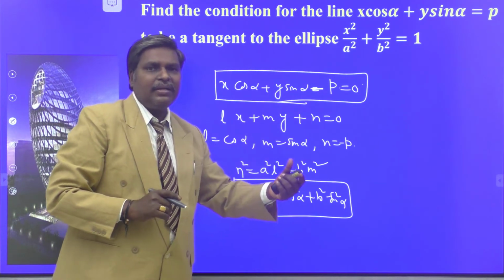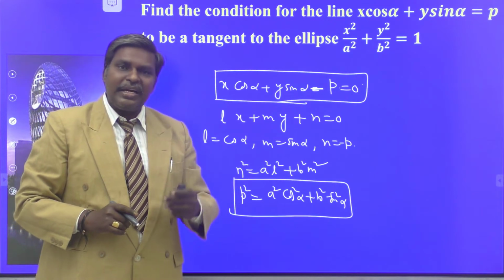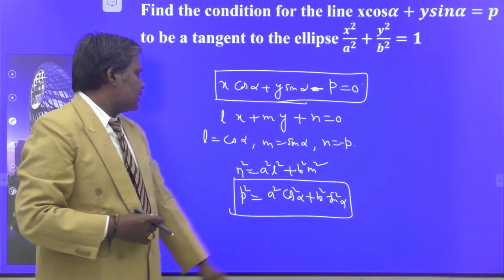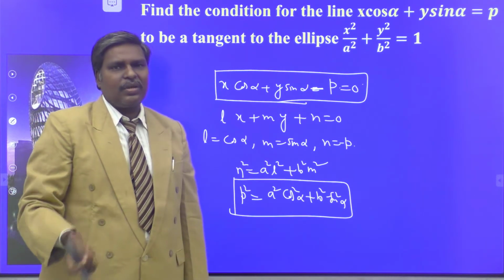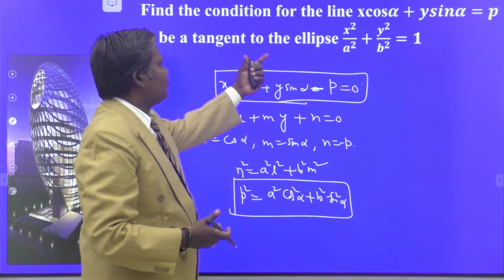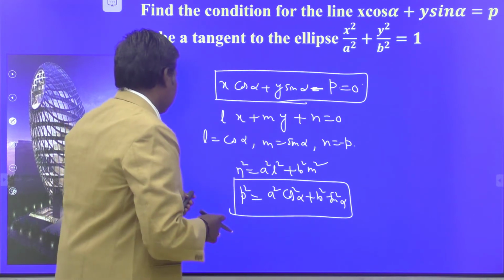You can find cos theta and sin theta. By squaring and adding, we can eliminate the value of theta and we get the same condition, that is, p square is equal to a square cos square alpha plus b square sin square alpha. So, you have so many methods to apply the condition of tangency to the ellipse. Understand?